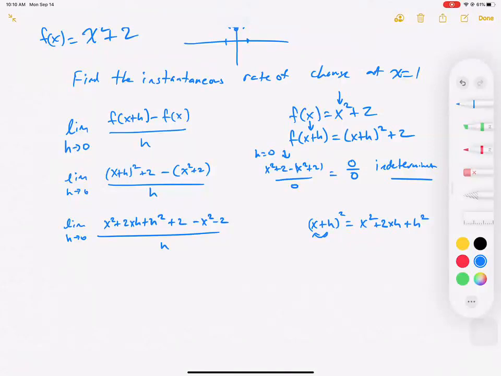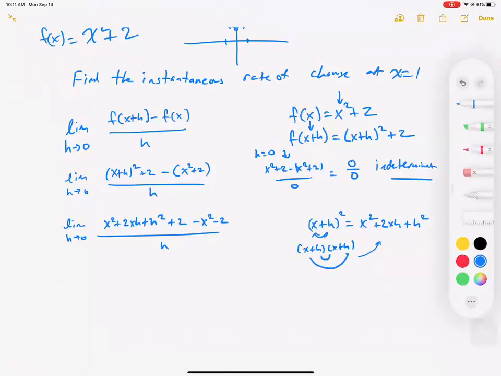Square the front, square the back, double the middle. And the reason why, just as a reminder, is when you do multiply it out, don't you have x squared? Duh. Don't you have h squared? Duh. Remember you have the middle terms? And they're always going to be twins. xh, hx, you always end up with two of them, no matter what.